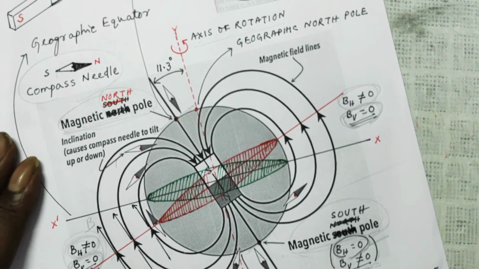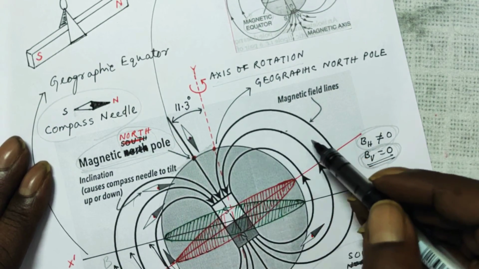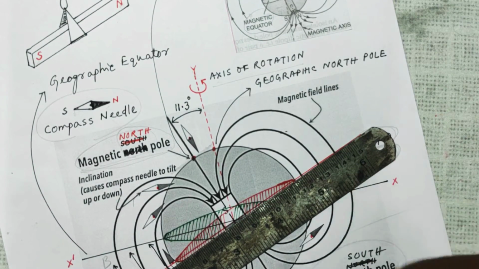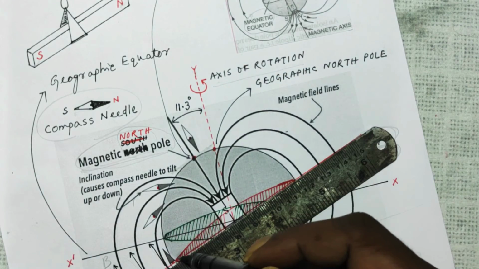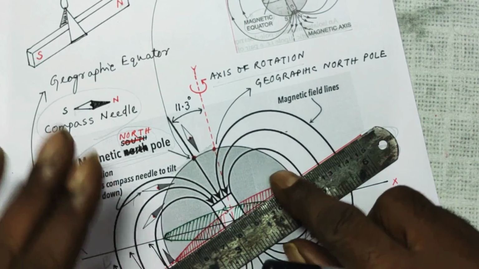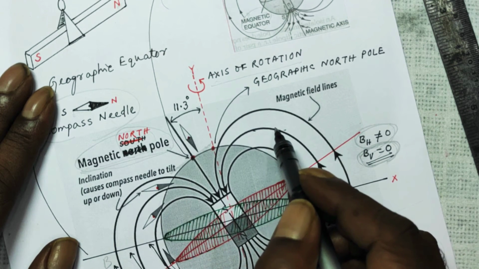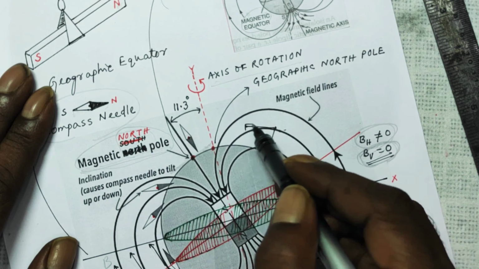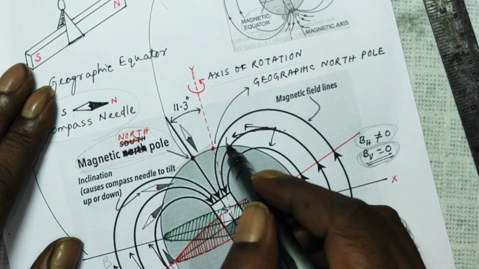And at all other points, above this red line, at all points on the surface of the earth towards this side, if you draw a tangent to the line of force, this is your tangent, means this gives the direction of the field.